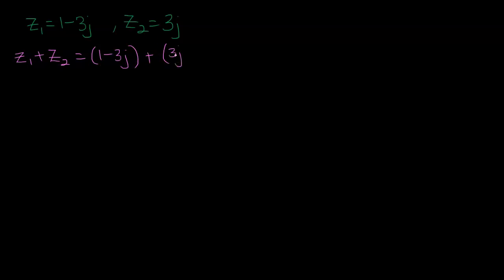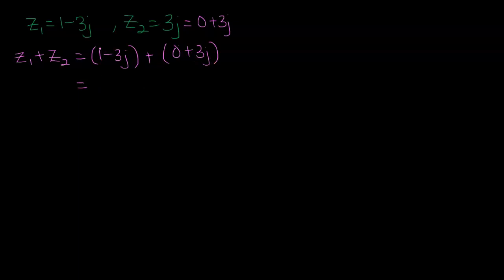Since z2 is 3j, this can be written as 0 plus 3j because there is no real part here. It's the same as saying that the real part is 0. So in place of 3j, I can just write 0 plus 3j.